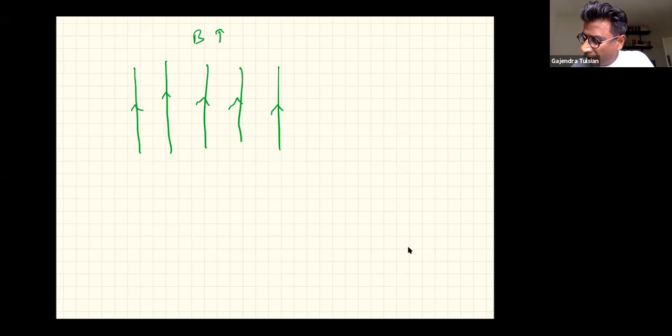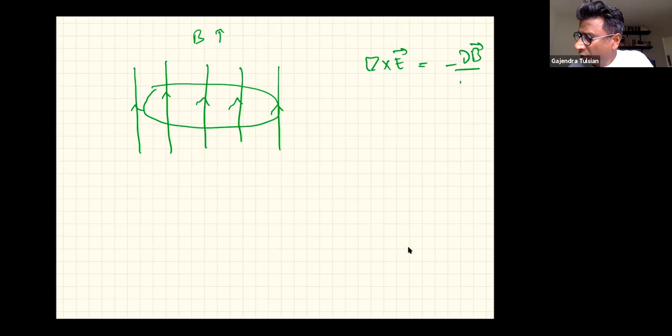Now, if the magnetic field is pointing like that and it is increasing, this equation, curl of E is equal to minus del B by del t, tells you that you will induce an electric field in this direction.